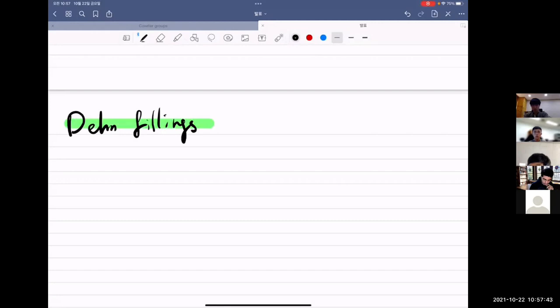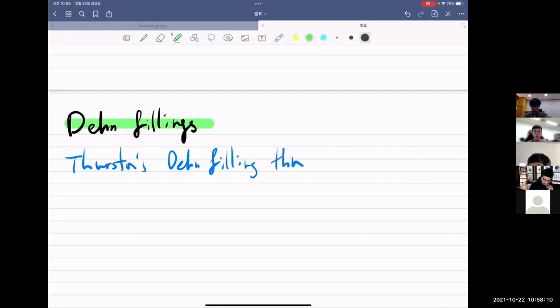This Dehn filling has the motivation to construct another interesting example of these Coxeter groups. So what is the motivation? The motivation starts from Thurston's Dehn filling theorem.